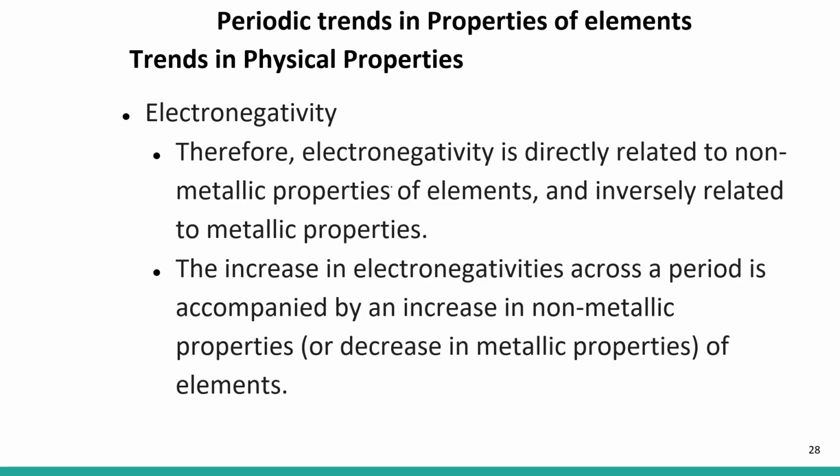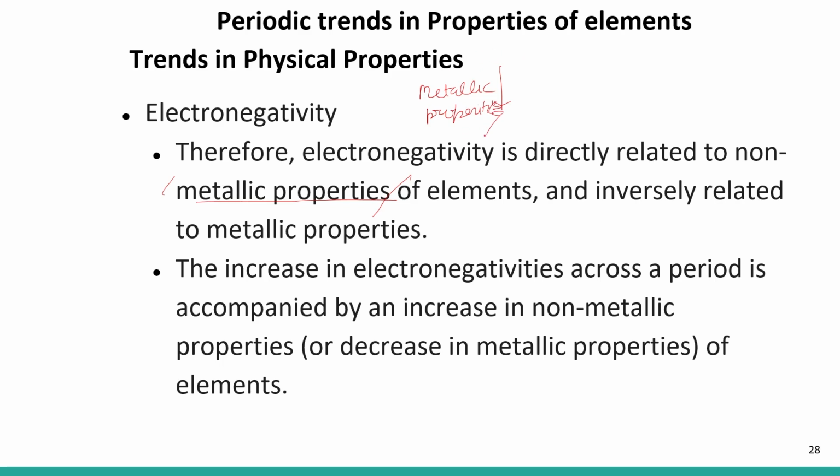Electronegativity is related to the metallic property. This is a new thing here. If you move down the group, the metallic property increases. What do you know about metals? From our previous study, a metal is something which has a tendency to lose electrons.